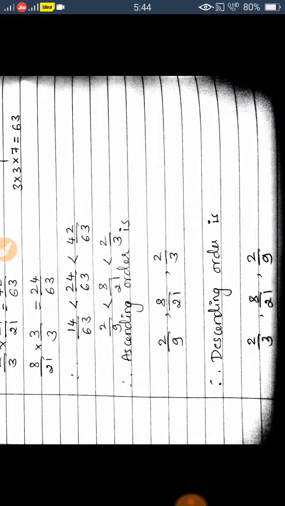So this is how ascending and descending order works. This is all about the fractions introduction. Whatever you have learnt in the previous year itself, I have just recalled it. I have chosen the examples from the exercise itself and solved as many. The remaining examples of the exercise you must solve. Okay. Thank you.